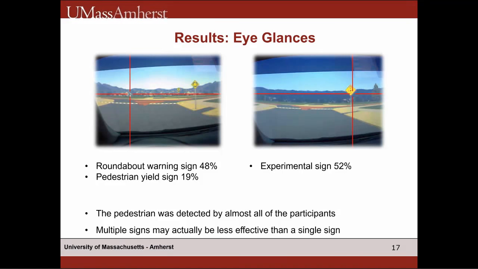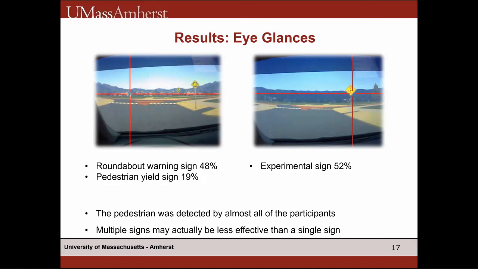After analyzing the conventional signs, we went through the videos of the new sign, and we saw that the experimental sign percentage was about 52%. If you compare these numbers, you can see that we were successful.